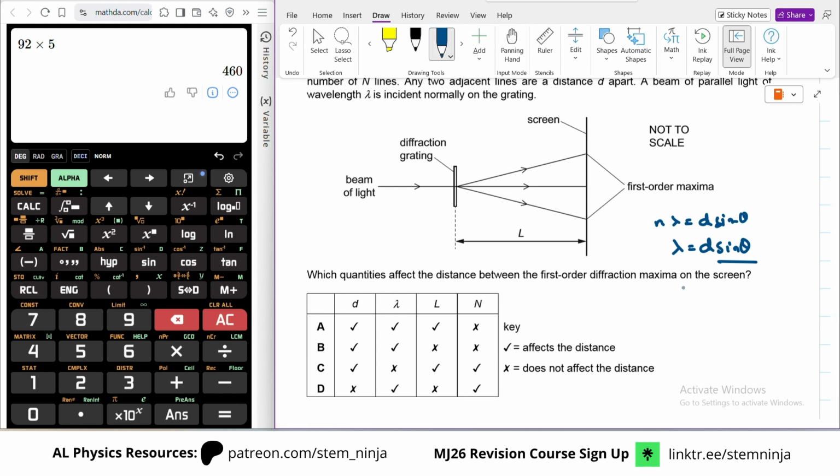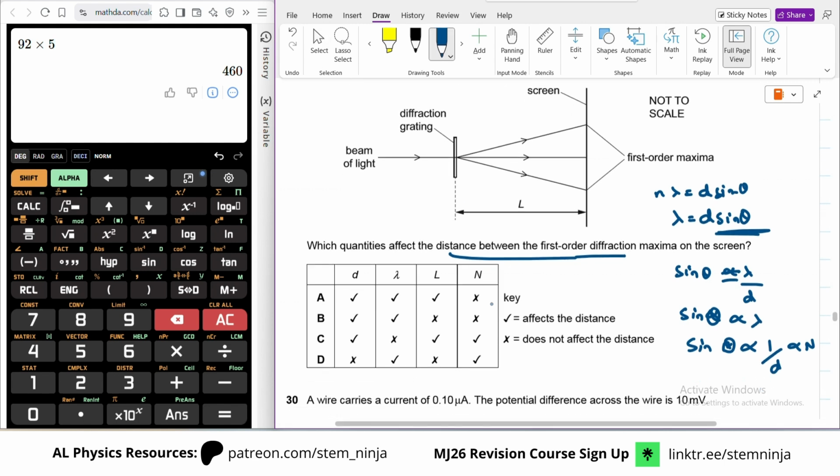So yes, the distance between the first order maxima, basically the sine theta. So sine theta is proportional to lambda and inversely proportional to D. Sorry, actually it's equal to that, but we can say sine theta is proportional to lambda and inversely proportional to D. That means it will be proportional to N.